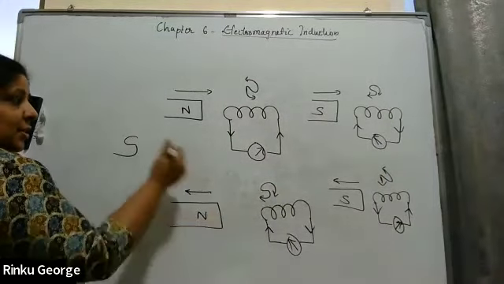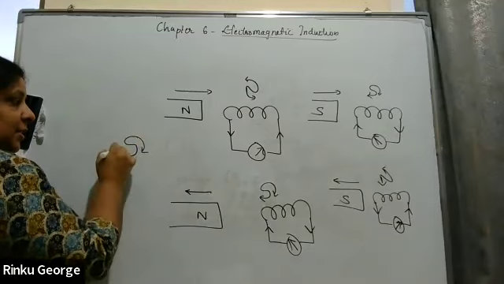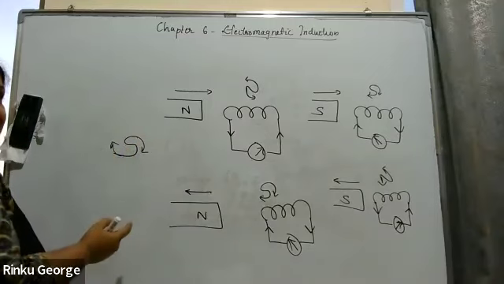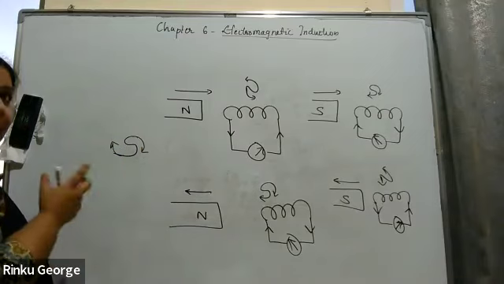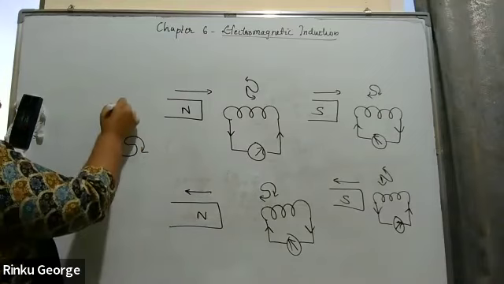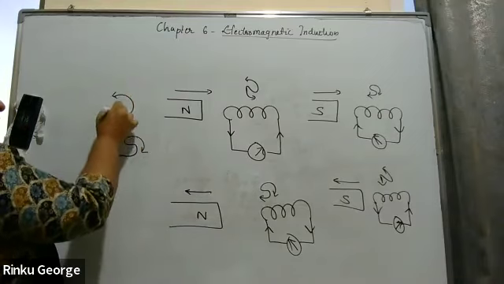Here, south pole means it will be clockwise. With S, you can make it. South means it will be clockwise. North means it is anti-clockwise.